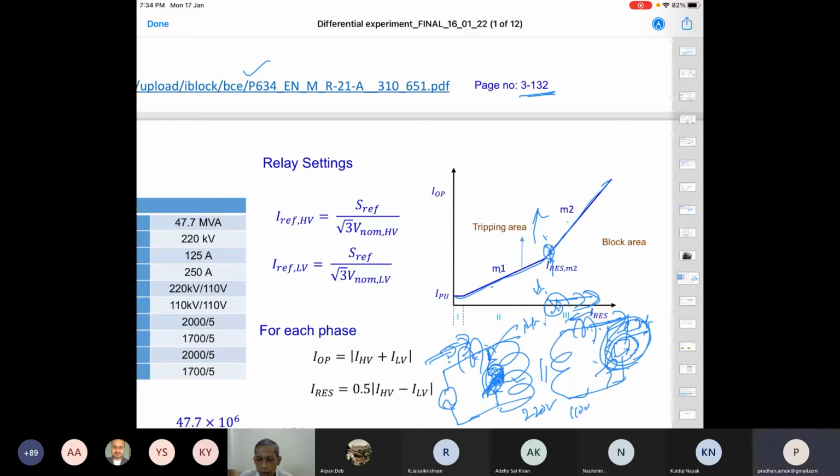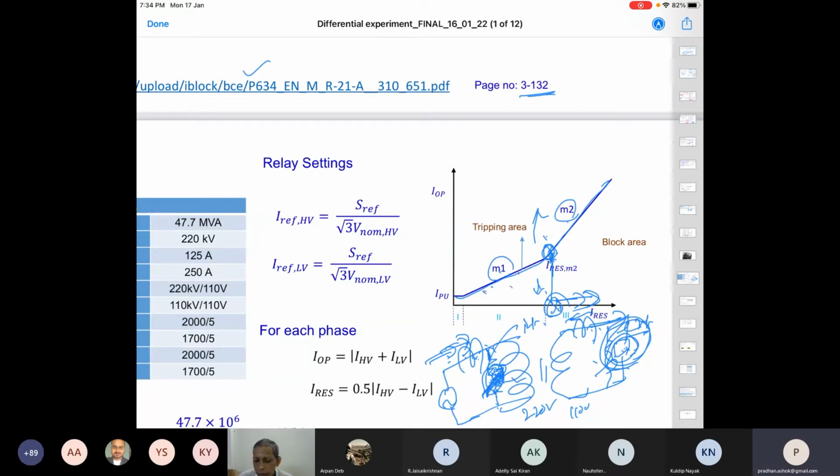Agree? So I set on the x-axis the restraining current point here. I go on decreasing this resistance, that is, I am increasing the internal fault current. Therefore the operating current goes on increasing, and in this process I find a point when the relay trips. So for a given setting of M1 and M2, the relay trips at this point.